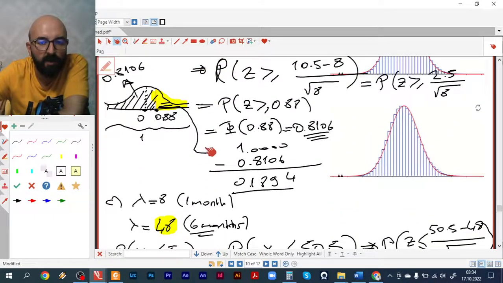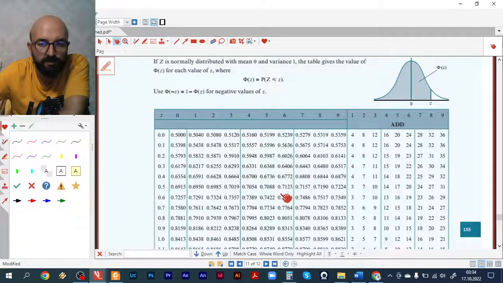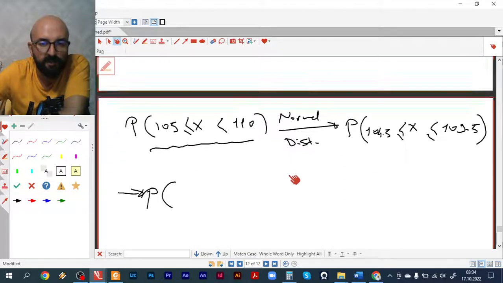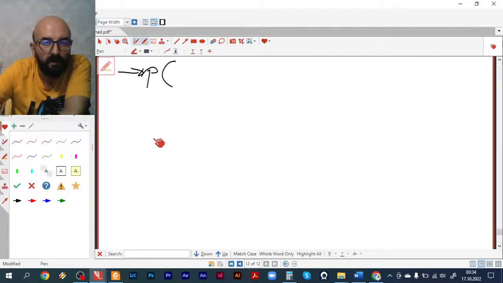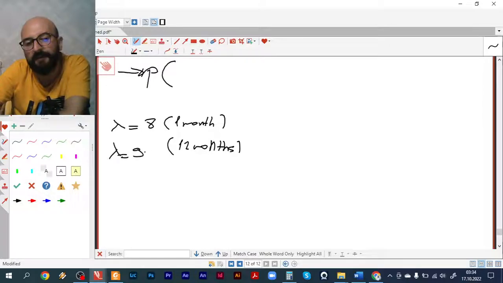For 1 month, our lambda was 8. For 12 months, which is 1 year, it should be 96.